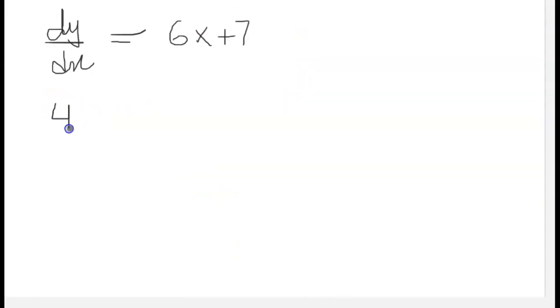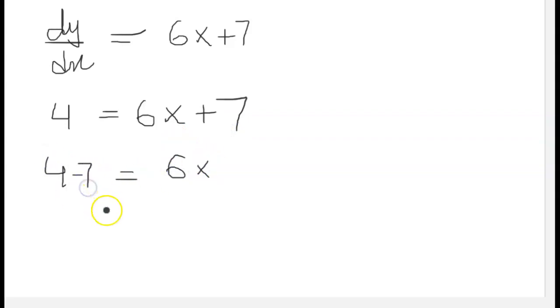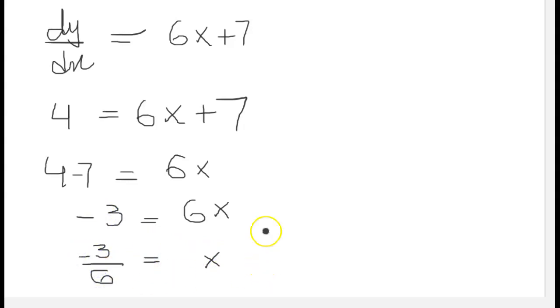So I put a 4 here and 6x plus 7. Then I rearrange that to find my x. 6x is 4 minus 7. 4 minus 7 is minus 3. So then x is minus 3 over 6, which gives you x as minus half.